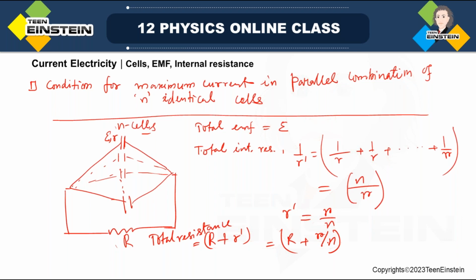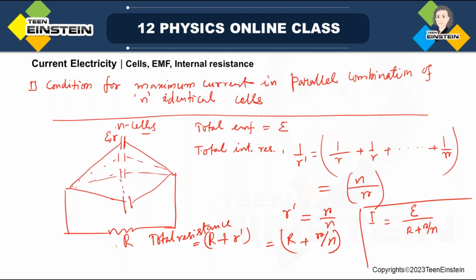So the total current will be the total EMF divided by the total resistance, that is E divided by R plus r by n.